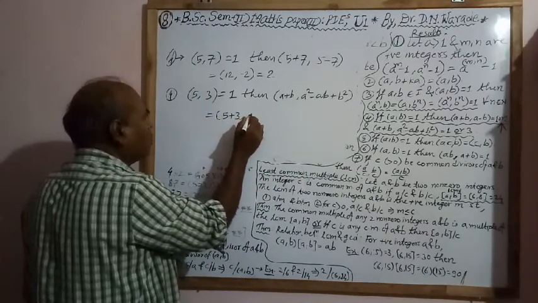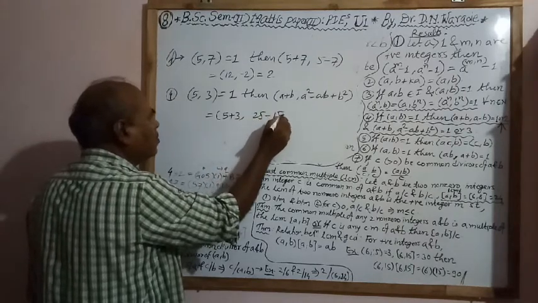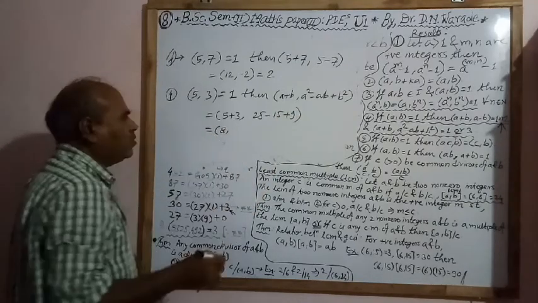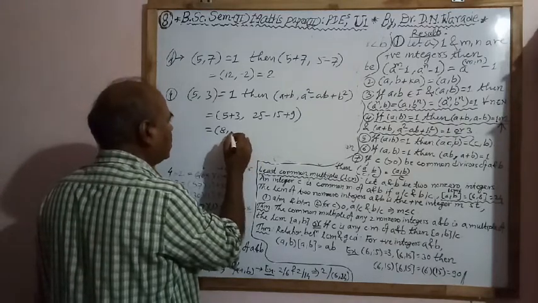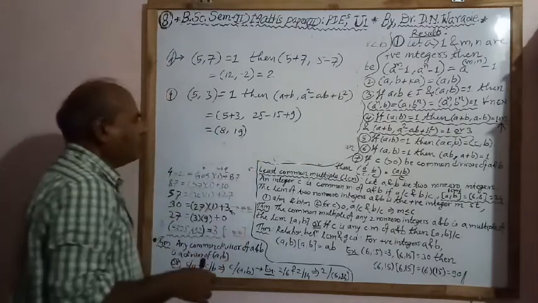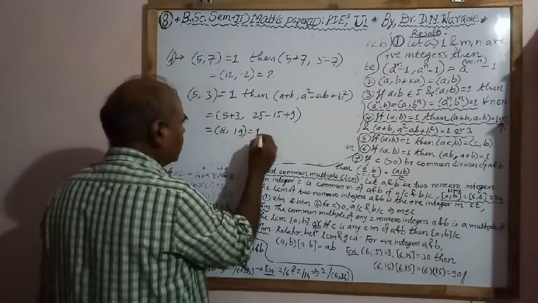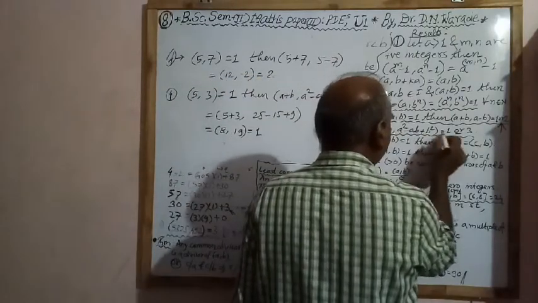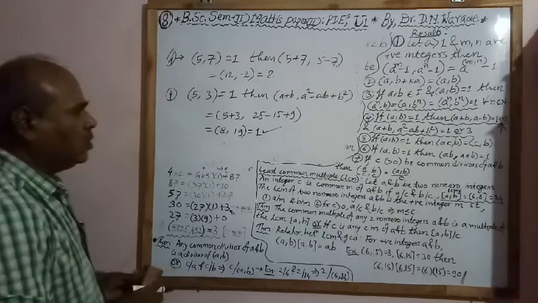Then A square 25 minus A into B 15 plus B square 9: 25 minus 15 is 10, 10 plus 9 is 19. Now GCD of 8 and 19 is 1. Therefore the result is GCD of these numbers is 1 or 3. Therefore we get GCD 1. Therefore the result is verified.